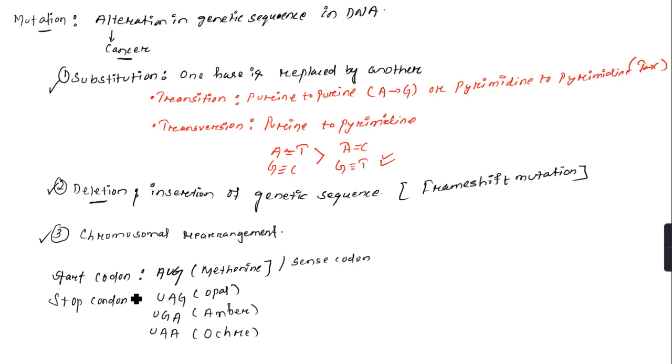The stop codon we also call a nonsense codon. Okay, so when the start codon binds, the transcription process is carried out, but when the stop codon binds, the transcription process is inhibited, or the DNA synthesis process gets inhibited. Okay, thank you.